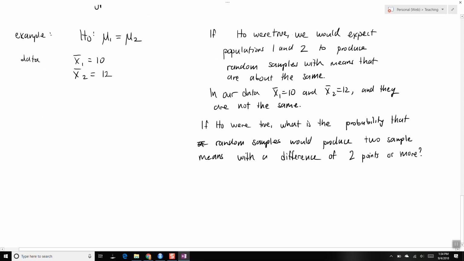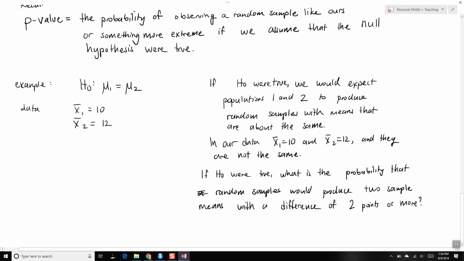Does that make sense? So that's what the p-value turns into, right? The p-value is the probability of observing a random sample like ours or something more extreme if we assume that the null hypothesis were true. In our case, our null hypothesis is that the two populations have the same mean.